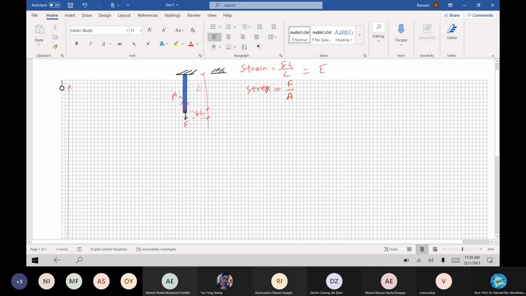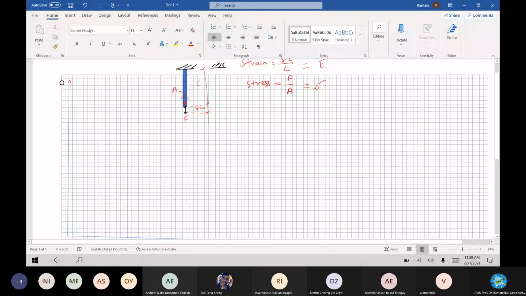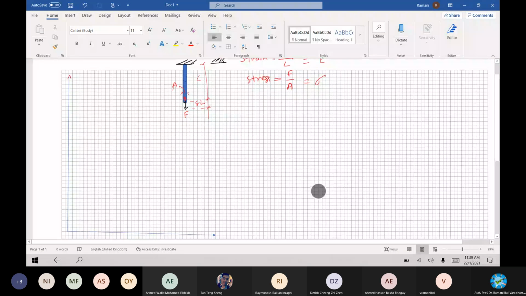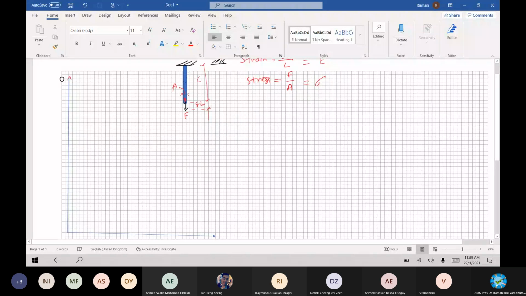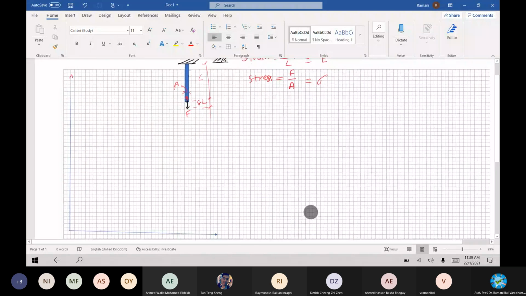And this stress as sigma, the axial stress, so I use the notation sigma. Can you all see the drawing here? If not, please tell me immediately, because you have to see this graph to understand it better, right?